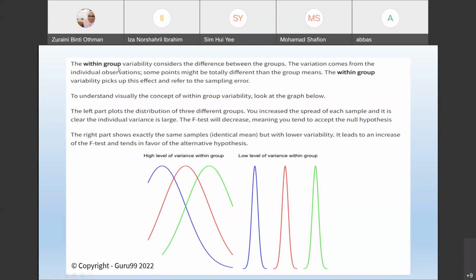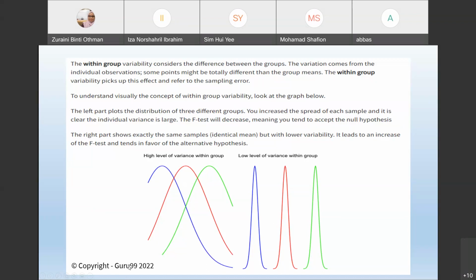Same goes for this. This is within-group variability, so this is a low level of variance within group. If we expand the blue one, which is thinner than this, we notice that a high level of variance will be obtained within the group, and this is for low level variance within group.